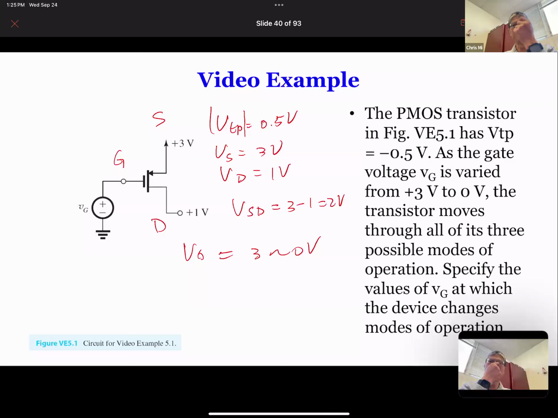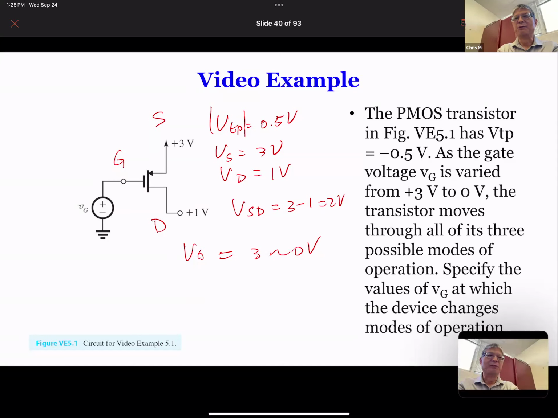So the question is asking that between 0 and 3, what is the condition of the PMOS, whether it's off, whether it's triode, or whether it is in the saturation region. Now we know that when VG is too small, it is going to be in off region.